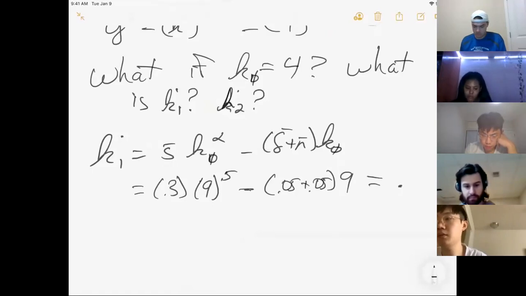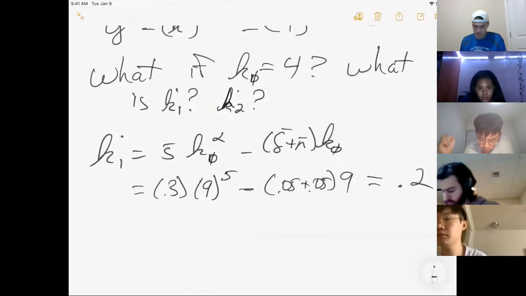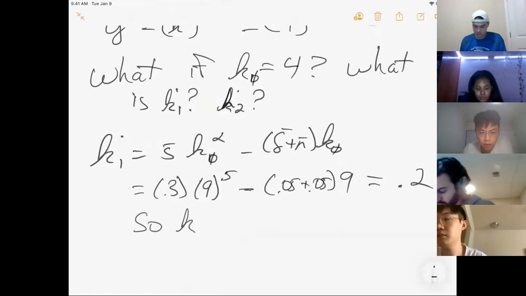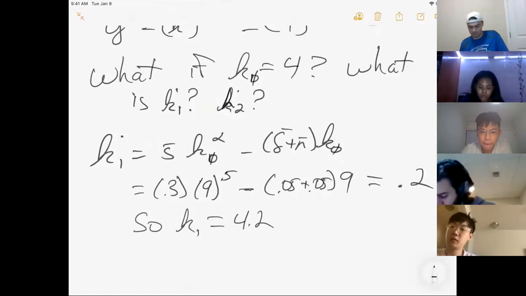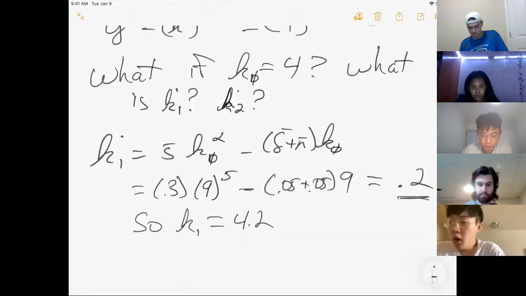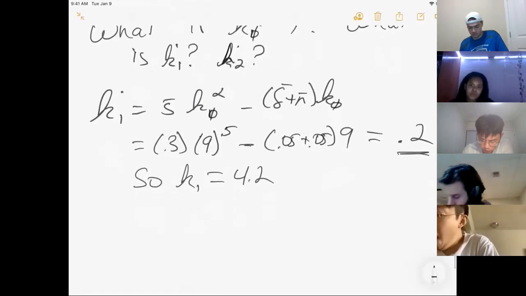What do we find? K dot is equal to 0.2. So in other words, what's capital stock going to be in period 1? If it was 4 in period 0, what's it going to be in period 1 now? 4.2, because it changed by 0.2. So then we can use that fact to figure out what the change is in period 2.